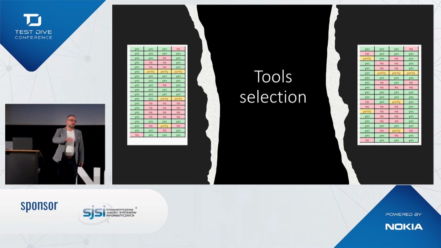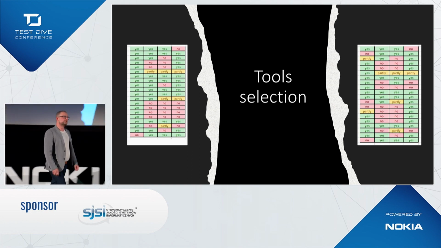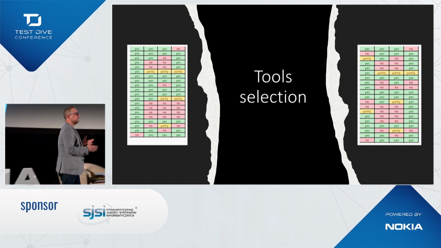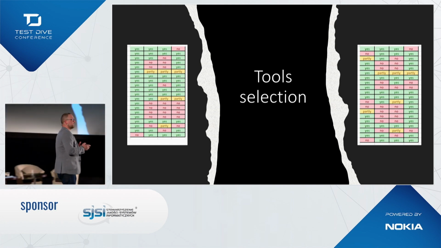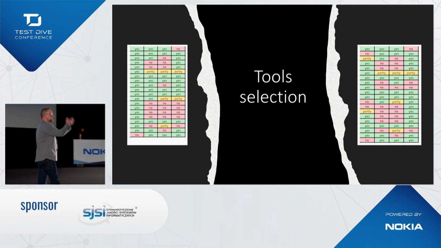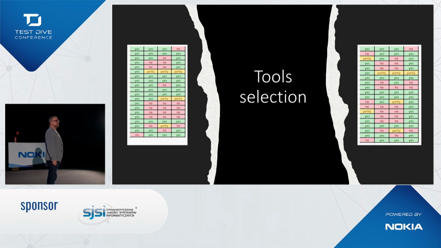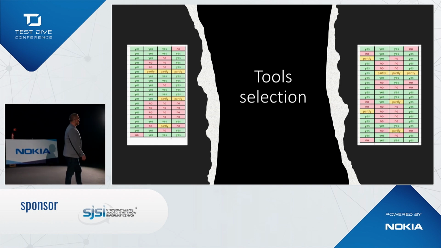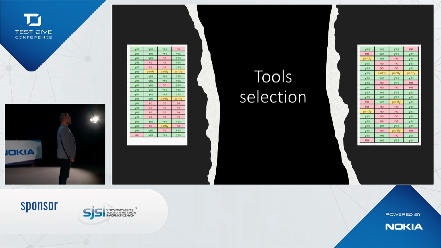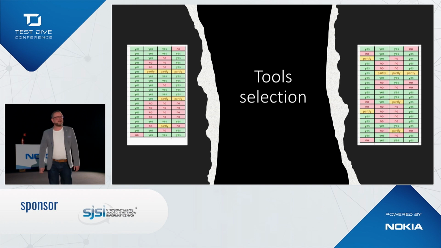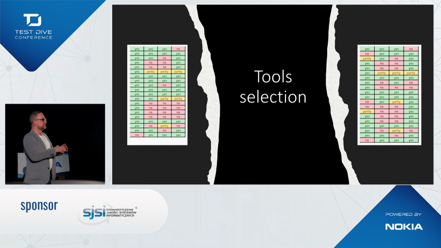How many of you have done such a comparison when you were selecting automation frameworks or automation tools? What is okay, what is not okay, which software is fulfilling my needs, which is not? Have you done something like this? This kind of decision table? No, okay. So it's something like this. It is done all the time during the selection of the technological stack.